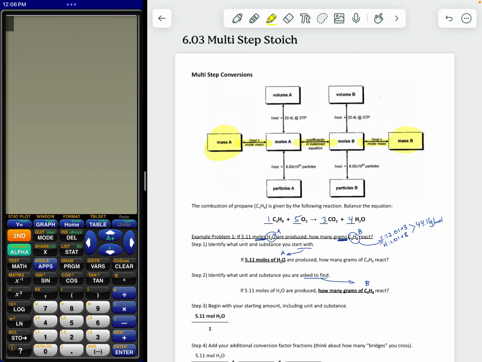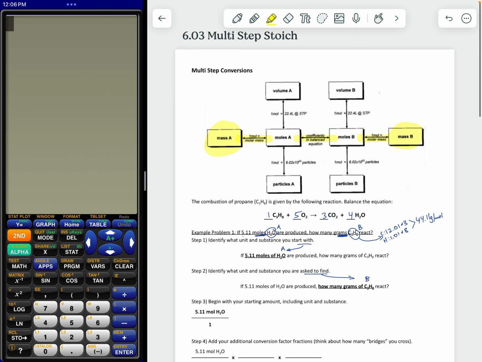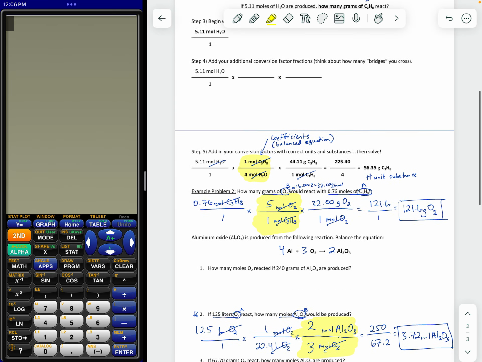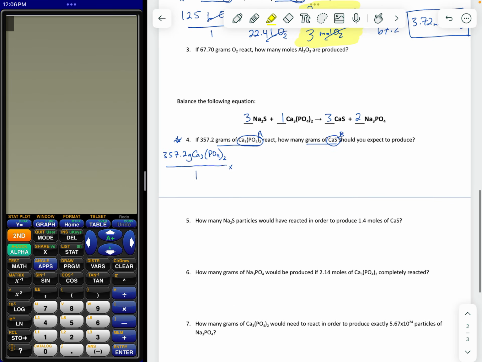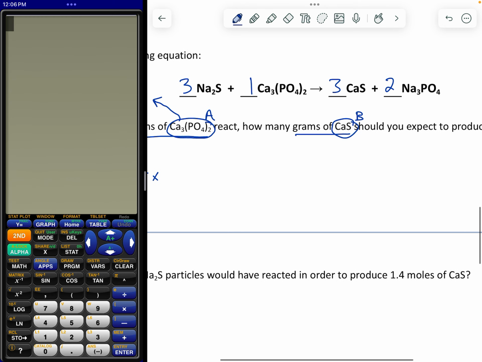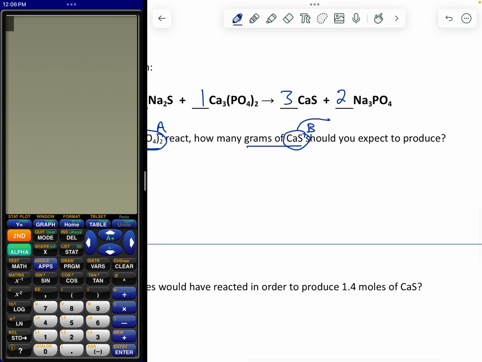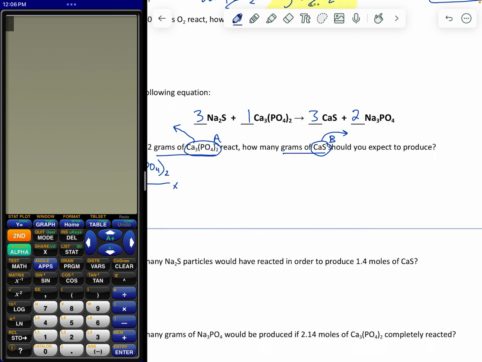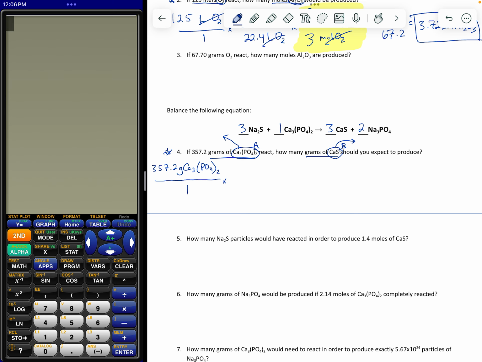Notice, you're talking about the mass of two different substances, which means you need to get the molar mass of two different substances. So down here, we need to figure out what the molar mass of calcium phosphate is going to be, and we also need to know what the molar mass of calcium sulfide is going to be. And so we can go through that.